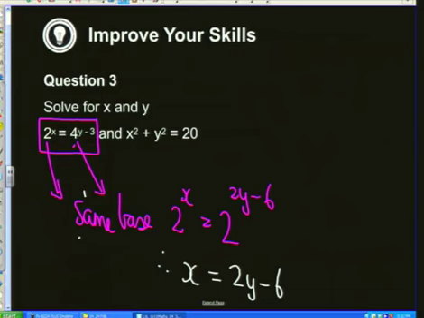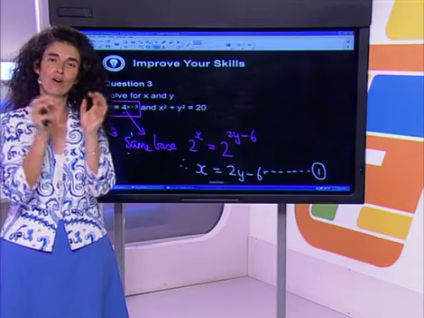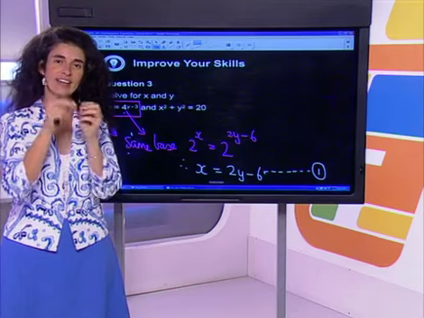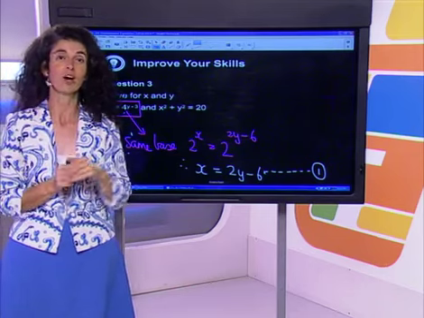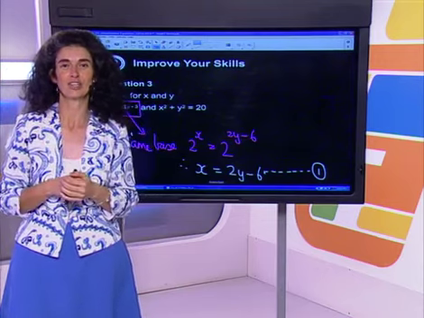Aha! Now I have been able to create my linear. So my linear was there, but it was hiding. And that's what happens sometimes. Remember in the notes we said, you focus on the linear, and you take that linear and you substitute into the quadratic. Well, here, it was there, but it was hiding underneath an exponential equation.